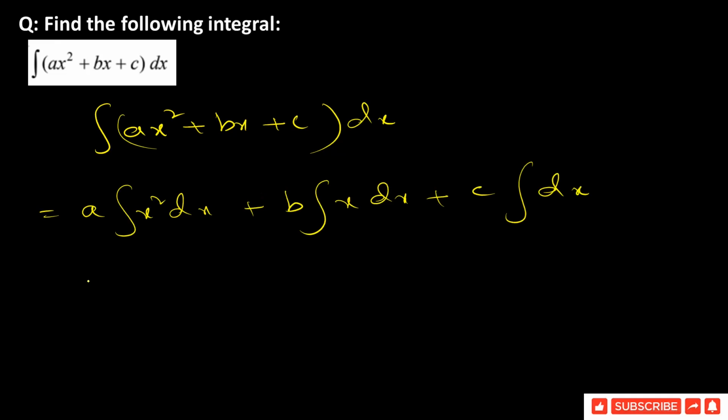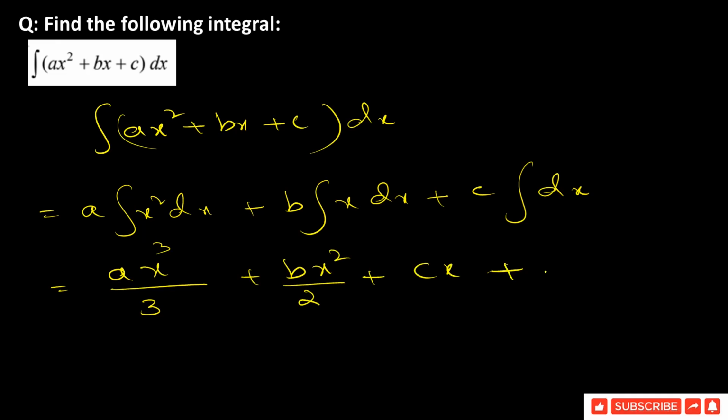Now it is a times x power 2 plus 1, which is x power 3 upon 2 plus 1, this is 3, plus b x square upon 2 plus cx plus d, because c is already used here, so as an additional constant we can write any other letter from the alphabet. So this is the answer.